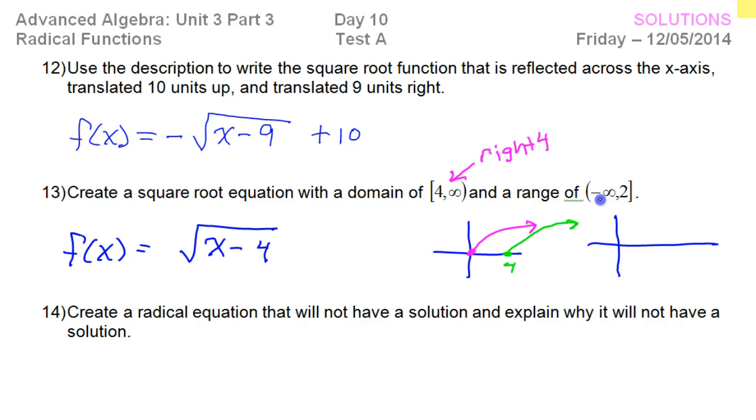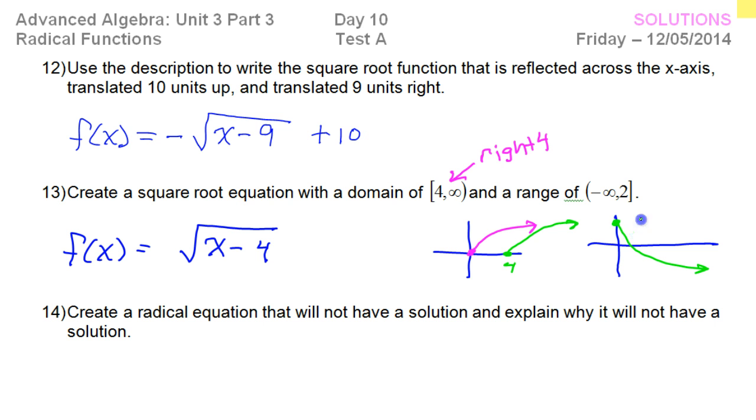If the range is negative infinity to 2, the only way that could happen, first of all, 2 now has to be the highest value on this graph. Okay, so it has to be up here at 2, so negative infinity to 2. So it has to be coming up from the bottom and then to 2. Okay, so it has to be doing this type of a thing, going from negative infinity to 2.